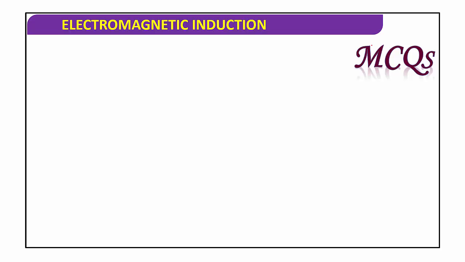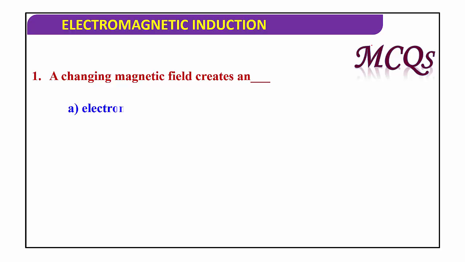Then we can observe some multiple choice questions on this concept. The first question: a changing magnetic field creates what? Options: first one, electromagnetic field. Option B, electric field.